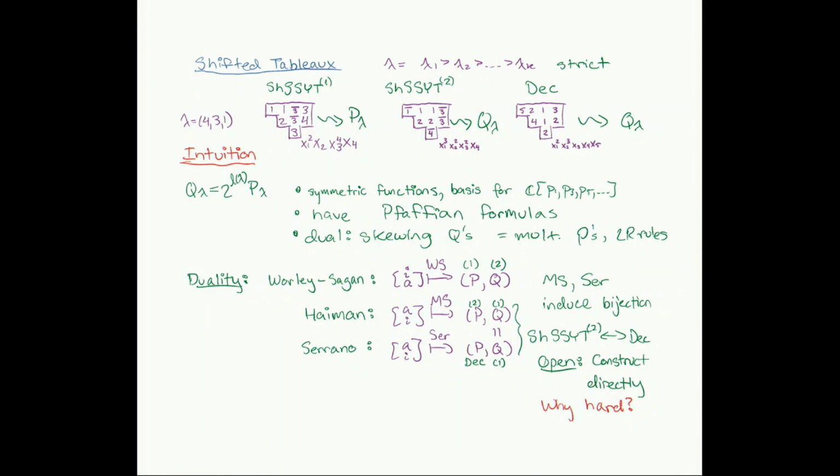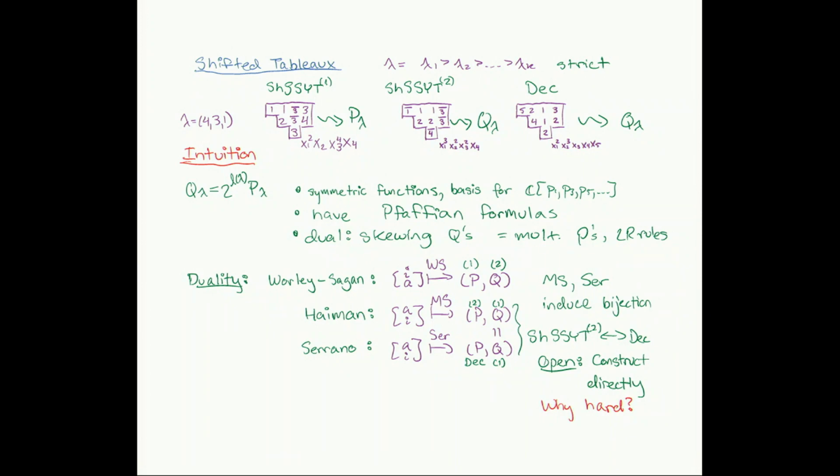And this duality is witnessed by several insertion algorithms. There's a Worley-Sagan insertion, which maps a biword to a pair PQ, where P is of the first type, Q is of the second. There's a Haiman insertion, which maps a pair. I think I wrote the arrows upside down on the next two. Oh, no, I meant that intentionally.